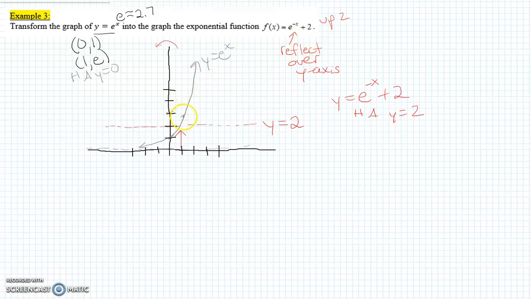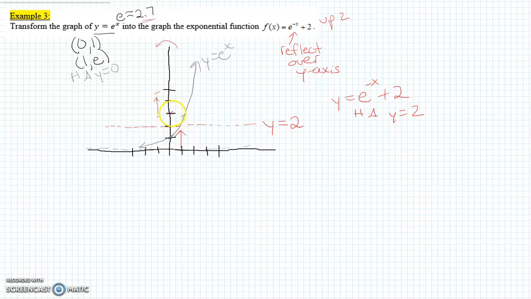And then, one more thing, this point at 1, e. If we reflect that over the y-axis, now it's at negative 1, e. And then from there, shift up 2 units. So basically add 2 to your y-coordinate, so now it's about 4.7. Let's see, this is 1, 2, 3, 4.7.